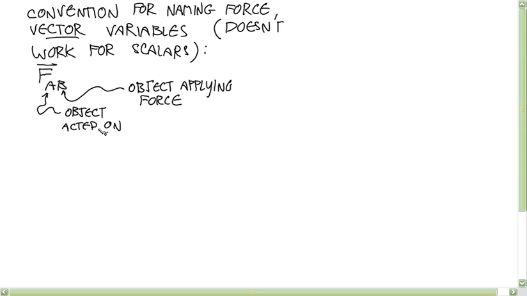So when you're using this convention, you say the force on A by B. It doesn't always have to be A and B. Like if the object being acted on is a car, maybe that would be a C for car, that kind of thing. And we're going to use this in every problem for the rest of the class. Anytime you have an unknown force vector, use this convention.